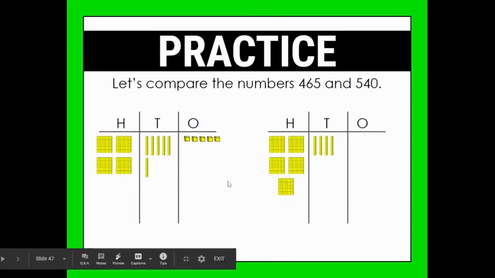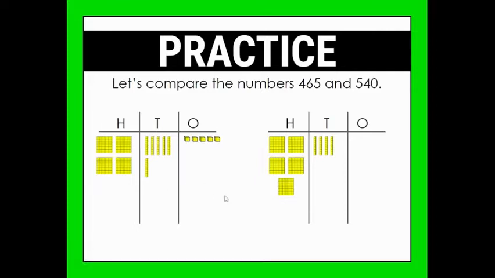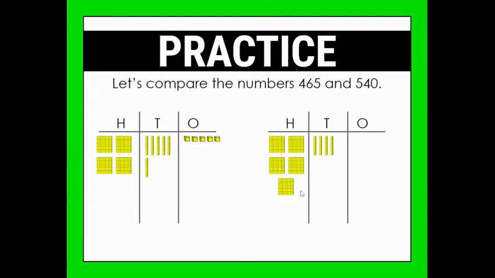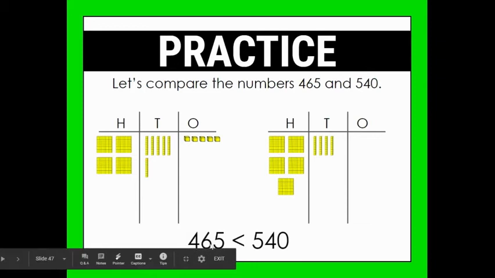So even though you see more blocks under my 465, that doesn't mean it's a bigger number because the hundreds are worth more. So the way we write this is 465 is less than 540. Do you see this little sideways triangle?